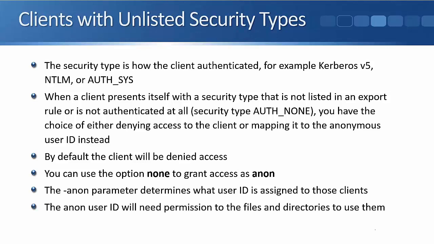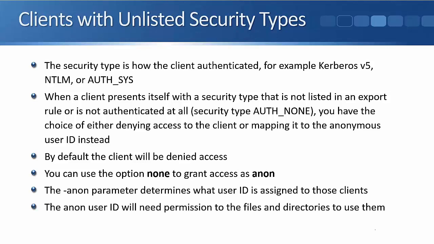By default, the client is going to be denied access, so you have to explicitly allow this. You can use the option none to grant access to that anonymous user, which has got the username of Anon. The -anon parameter in our export policy rules determines what user ID is going to be assigned to those clients that you do grant anonymous access to.